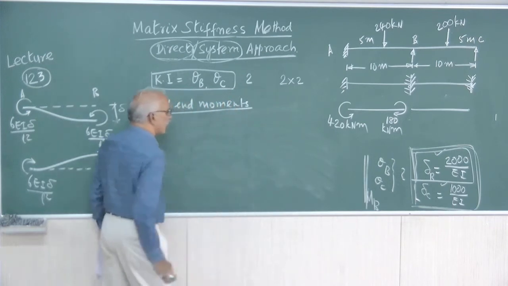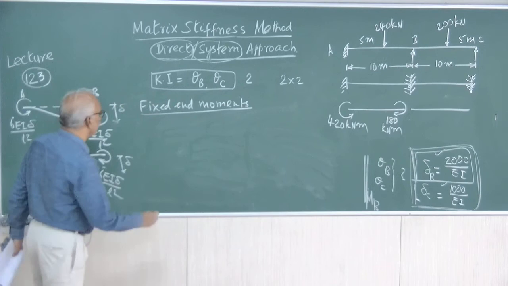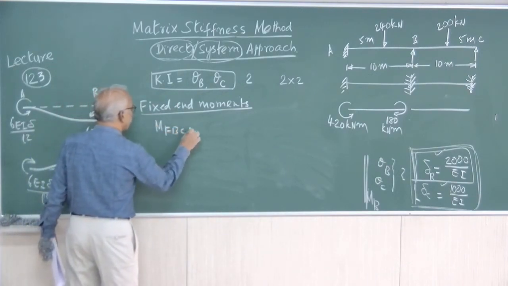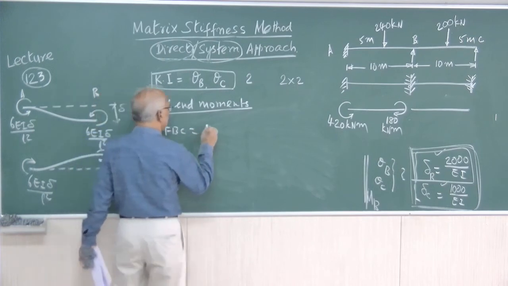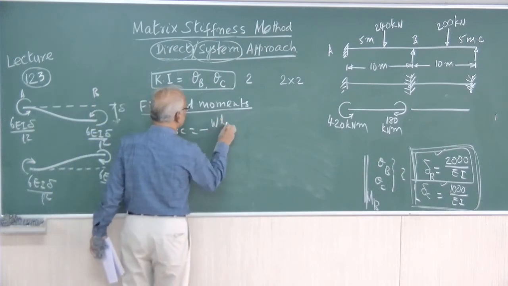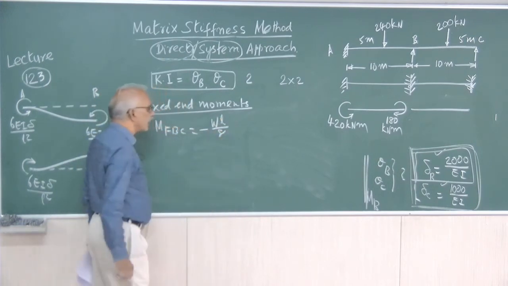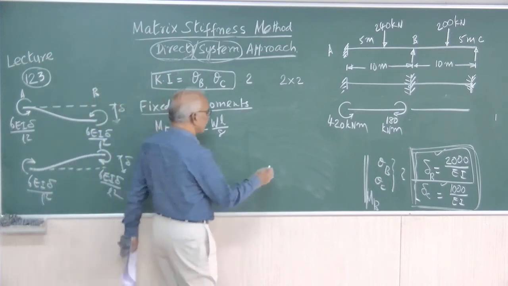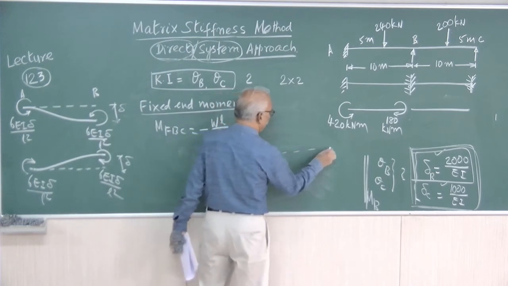Now, coming to the span BC, M of BC is again a central load, so minus WL by 8. Here the support B settles, suppose this is BC.